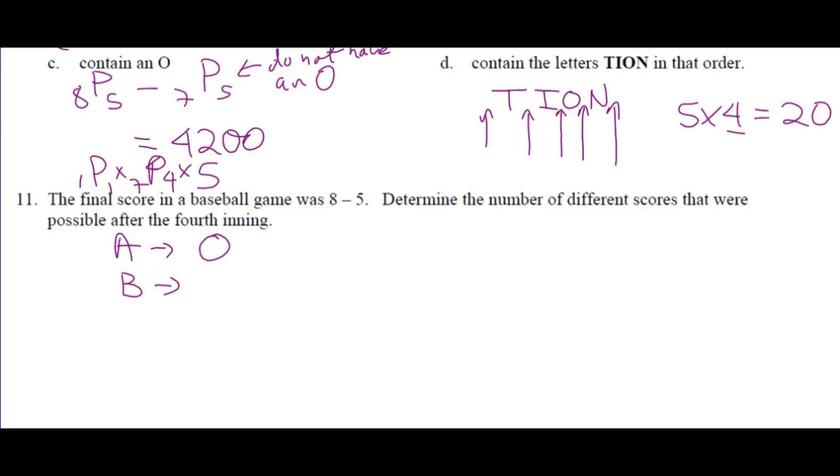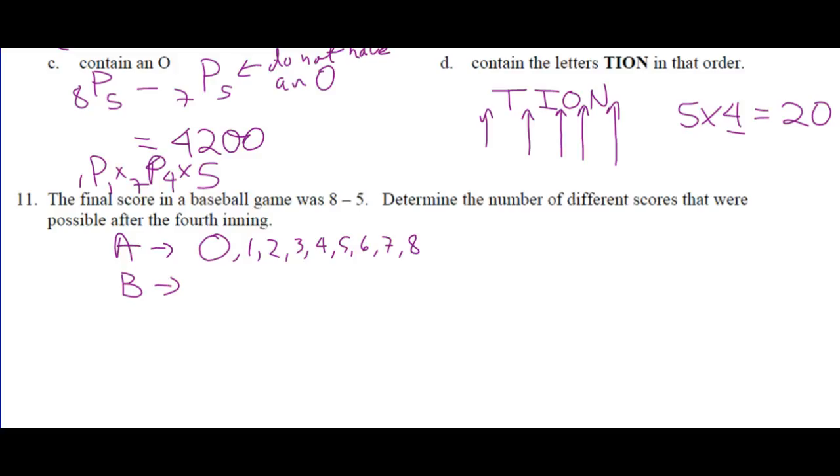Right? What does the score start as in the game? 0-0. Can you still have 0 runs after 4 innings? Yeah. Could they have all 8 of their runs after 4 innings? So they could have how many runs? They could have no runs, or 1, or 2, or 3, or 4, or 5, or 6, or 7, or 8.